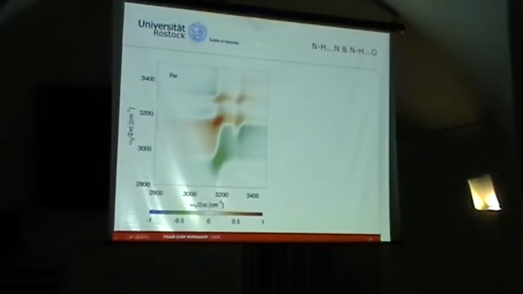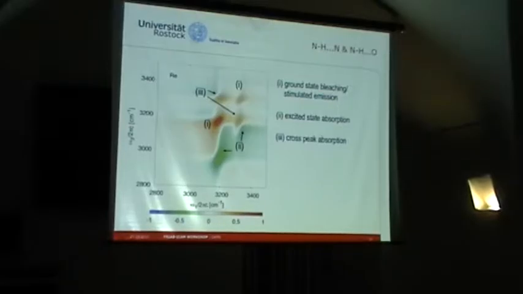It's the real part, in fact. And what do we have here? So we have these two peaks, which are just coming from the ground state bleaching and stimulated emission. Then we have this green stuff here, which comes with a different sign. That's just the excited state absorption. Okay, and then we have this cross peak, which is coming up here off the diagonal, and it's a bit skewed by the excited state absorption.